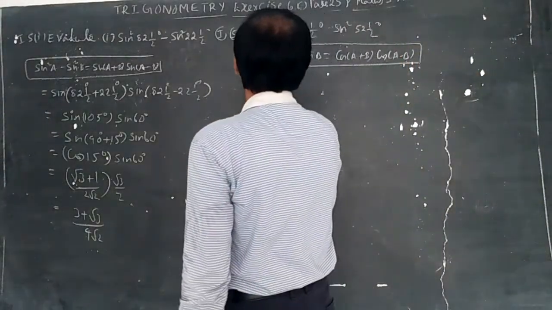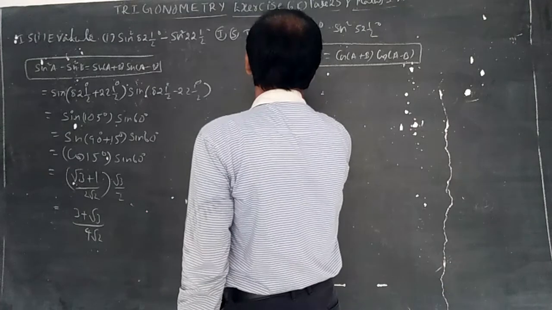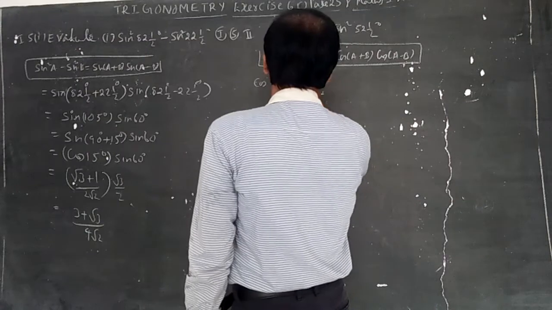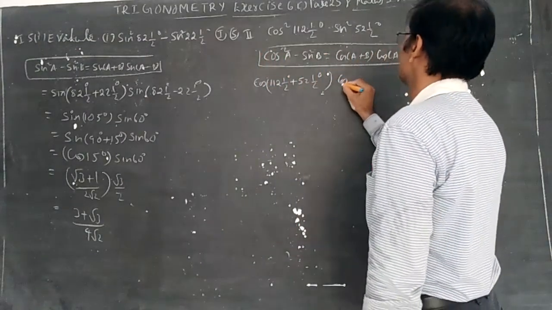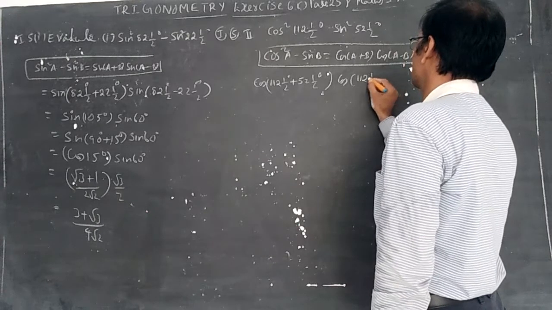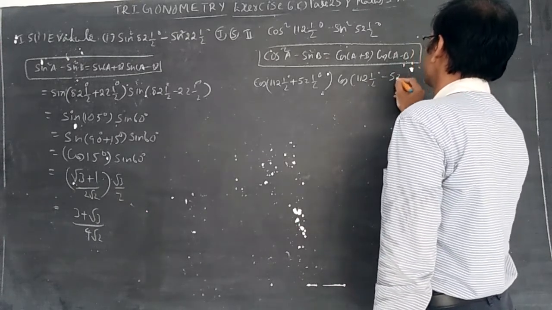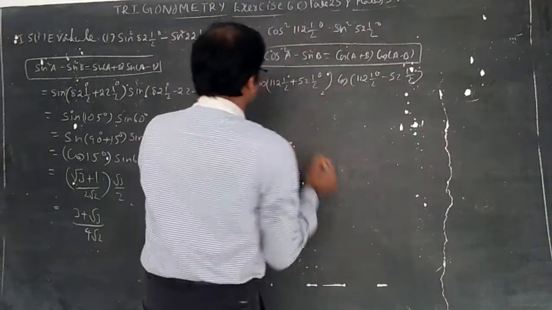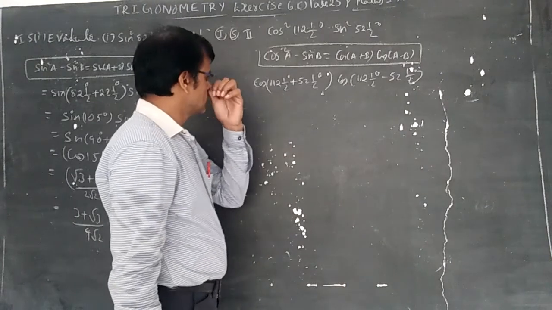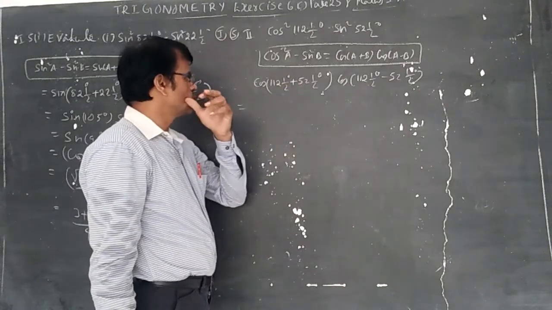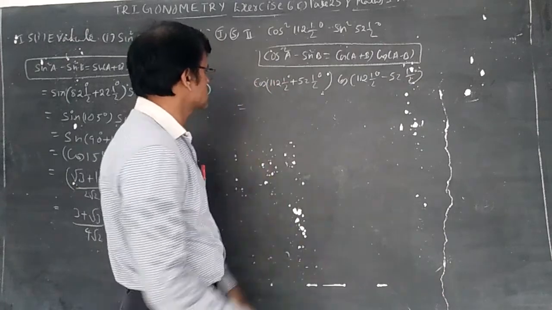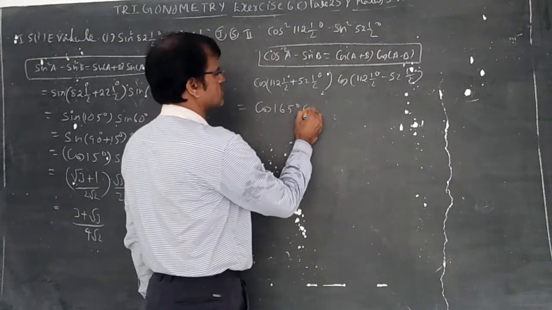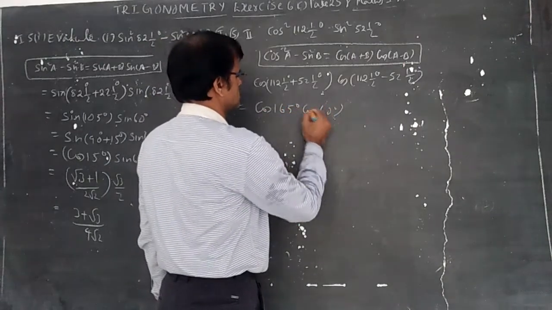Now you can write here cos of 112 and half plus 52 and half degrees into cos of 112 and half minus 52 and half degrees. So cos 165 degrees into cos 60 degrees.